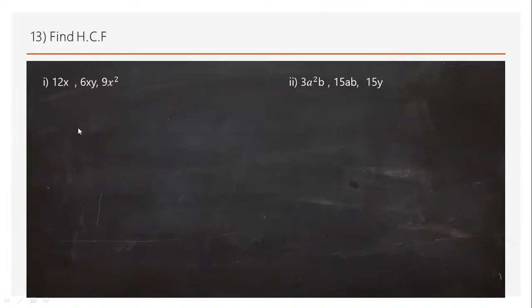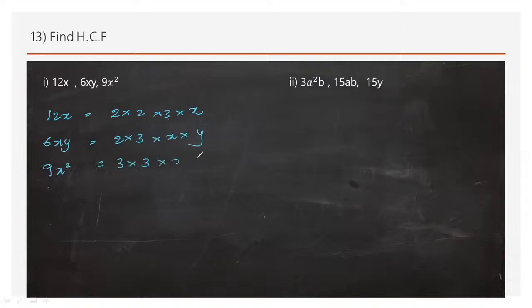Next one, find H.C.F, highest common factor. You can write this as a product of prime factors first, right? 12x, you can write 2 into 2 into 3 into x. 6xy, 2 into 3 into x into y. 9x squared, 3 into 3 into x into x.